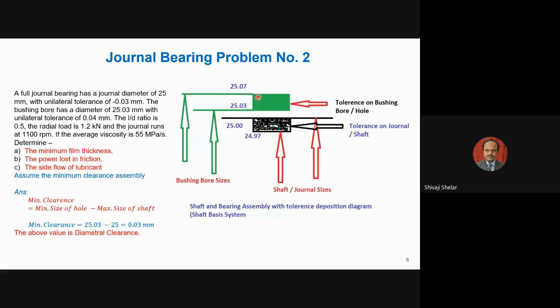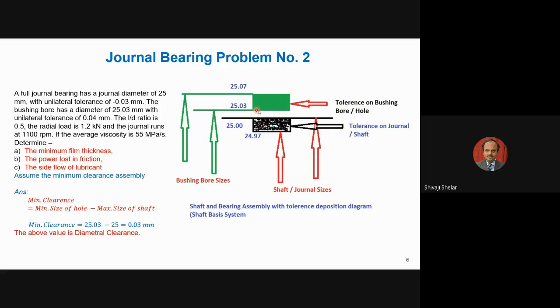The shaft size will be in its own range. No shaft size below this or above this size will be permitted. Similarly, no hole size below this or above this will be permitted. So the permitted values of bush bore and shaft journal diameter are in these ranges.